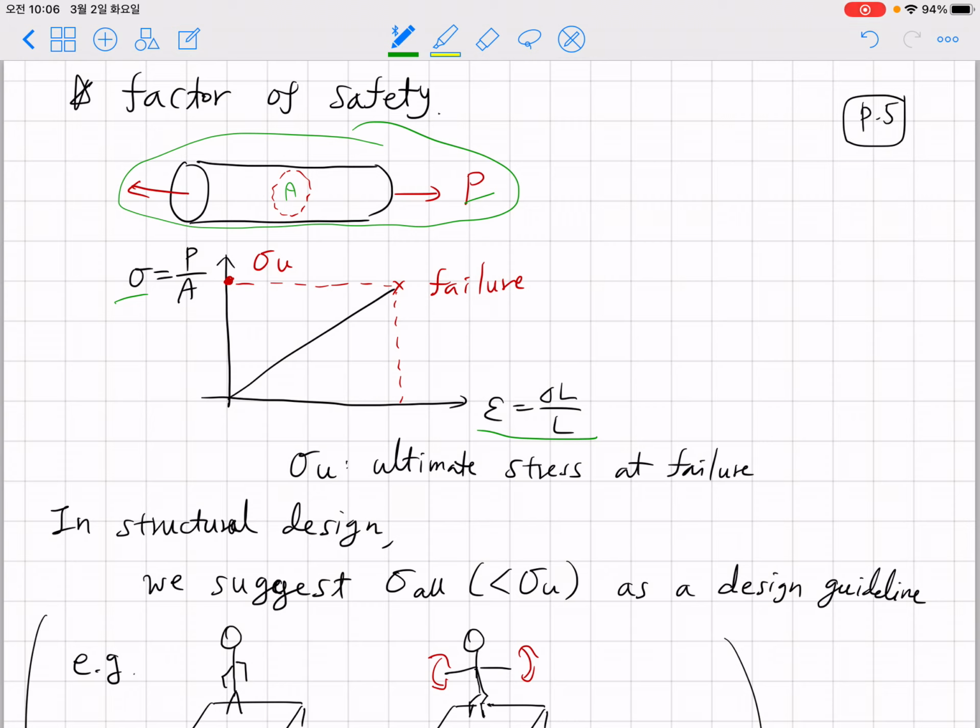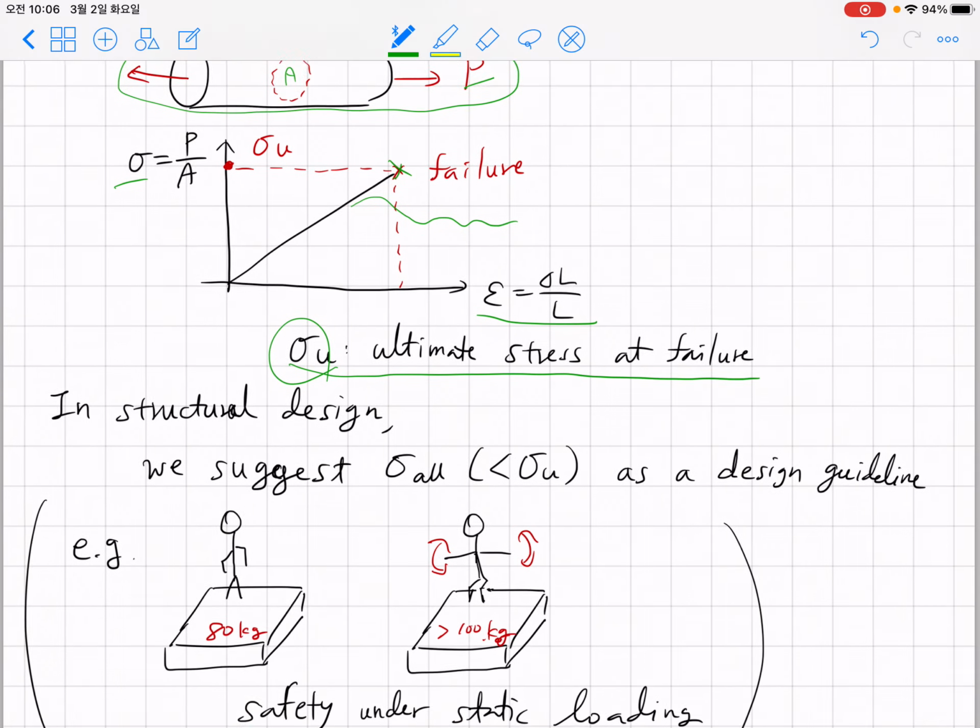If you do experiments on erasers or steel or copper, you're going to have some sort of extension, but for glass you're going to have sudden and catastrophic failure at the top of this point. We call this the ultimate stress at failure, typically noted as sigma u.